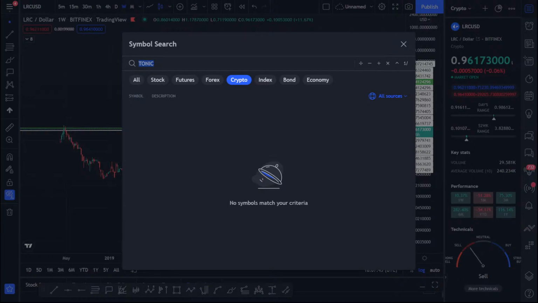Oh, that is the symbol, but it's not coming in. Let's see what exchanges this coin is on. Okay, it's on Crypto.com. Wow, that's weird. It's not coming up.